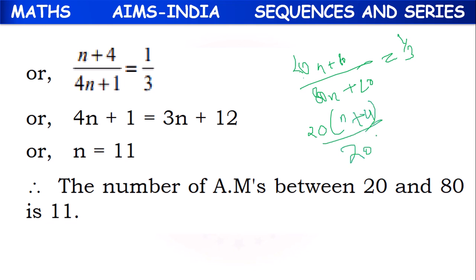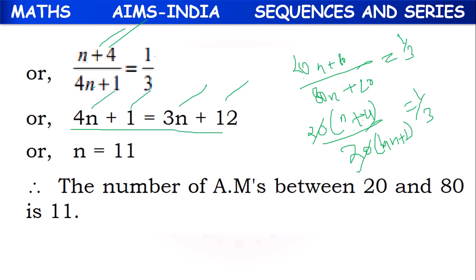In the denominator also, if we take 20 common, we will get 4n plus 1, equal to 1 by 3. This 20 also gets cancelled. So n plus 4 by 4n plus 1 equal to 1 by 3. So now 3 into n, 3n, 3 into 4, 12, 4n into 1, 4n, 1 into 1, 1. We will have this equation.